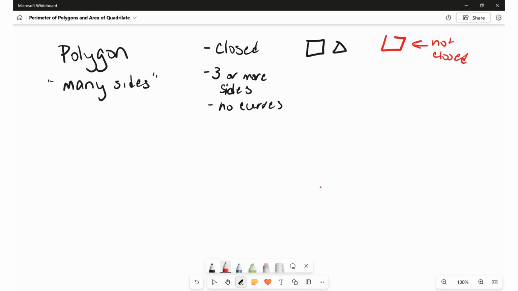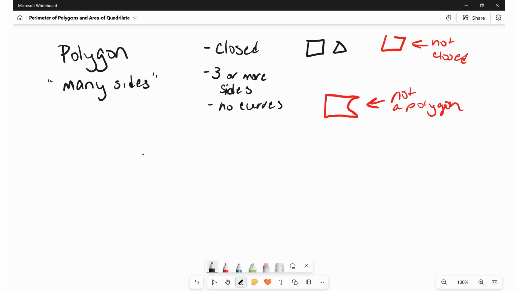So something like this is not a polygon. So literally just something with many sides.